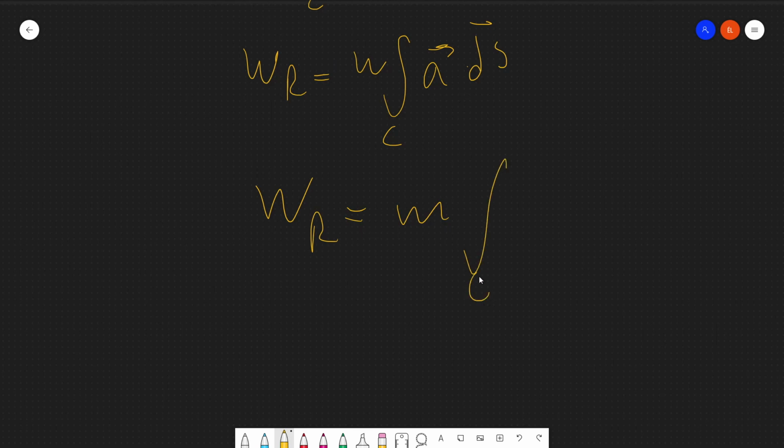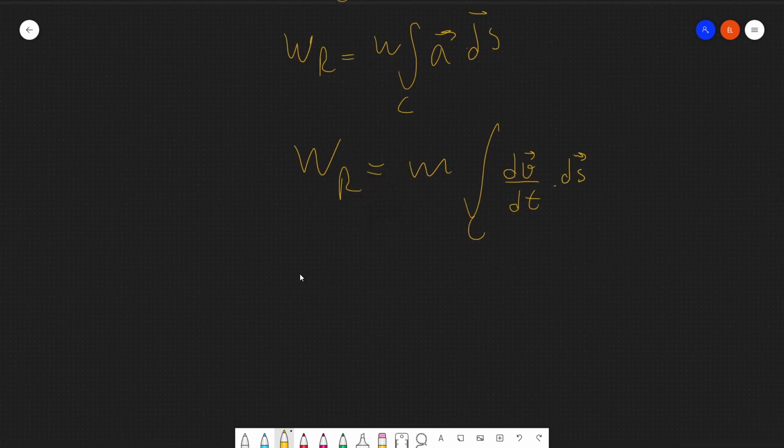But what is acceleration? We know that it's the variation of velocity over time. So it's dv/dt. Oh, sorry. Times ds, and I can write this as, I can pass the dt to the other side, so it goes dv times ds/dt.